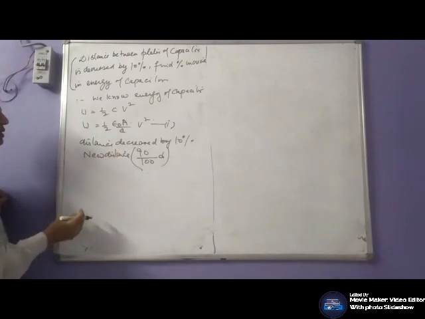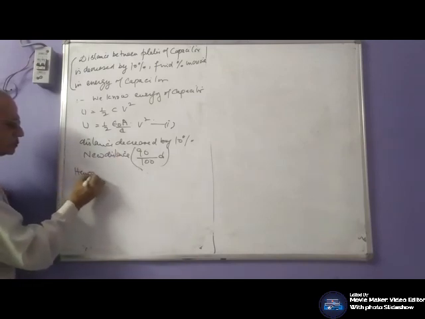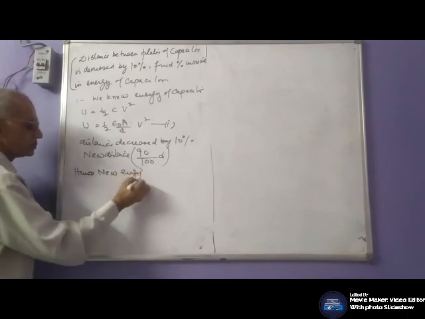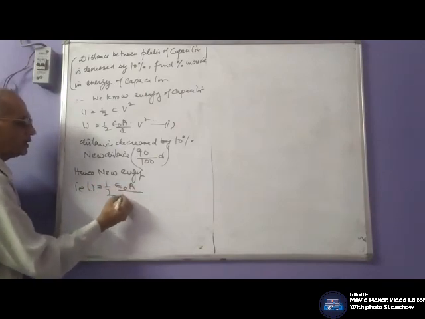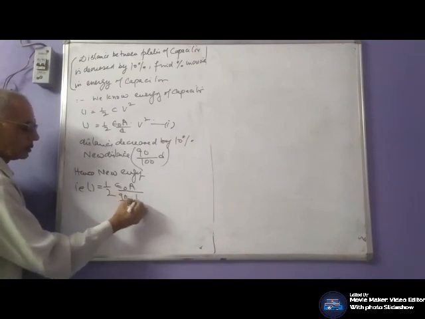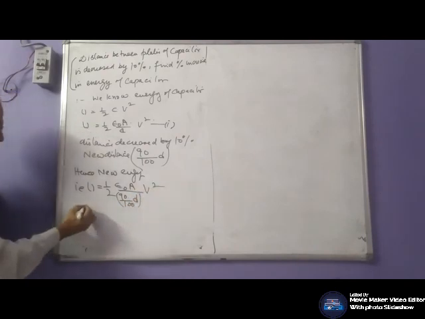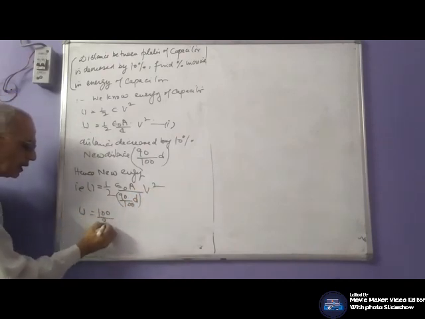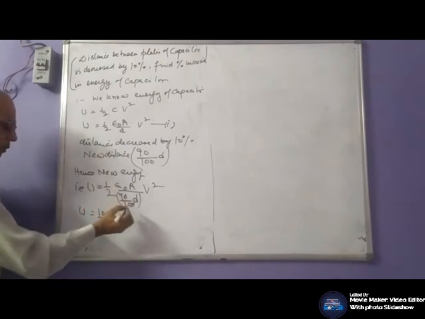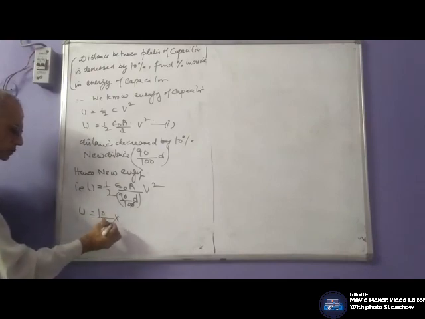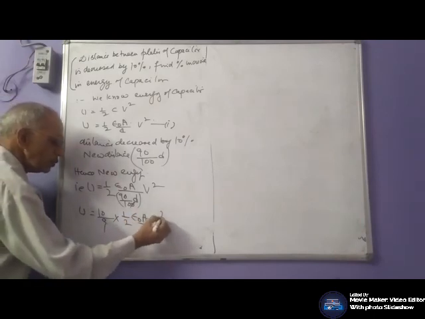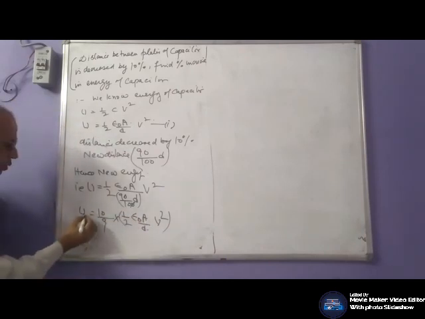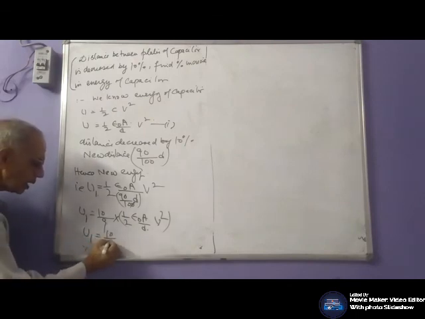What is distance left? This is distance left. Hence, new energy, that is U1, is half epsilon naught A by D, V square, or it is 100 by 90, 0 with 0, or it is 10 by 9, times 1 by 2 epsilon naught A by D V square. New energy U1 is 10 by 9 U.